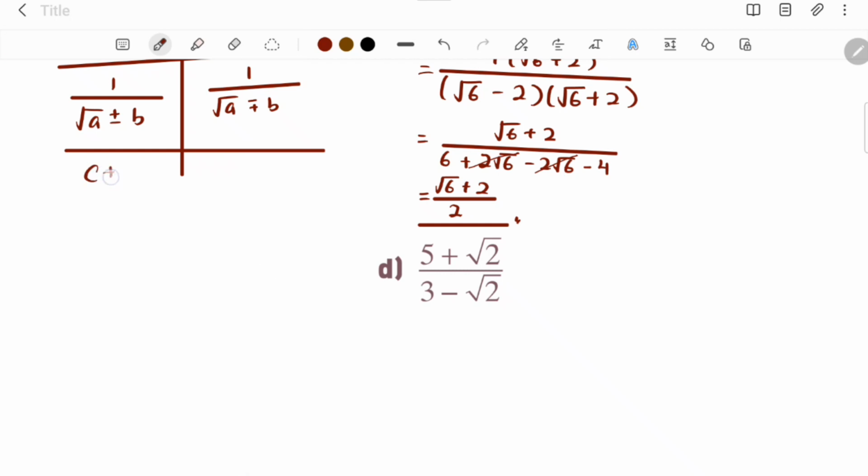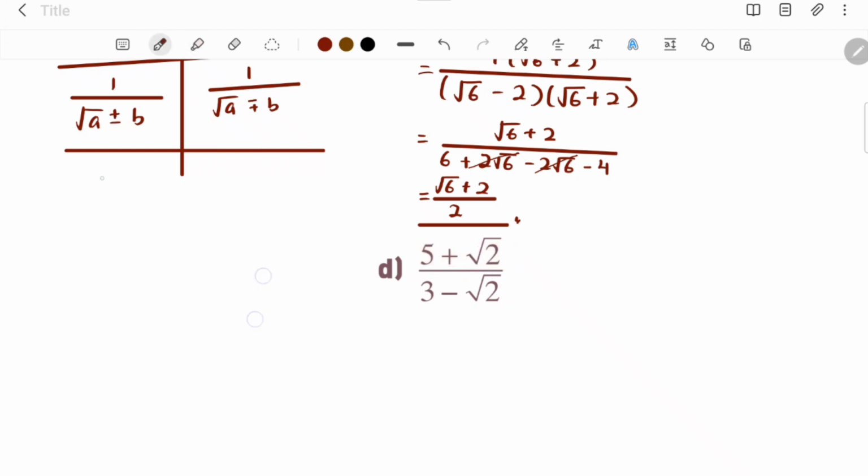C plus or minus... actually we don't really care about this part. We only care about the numerator.